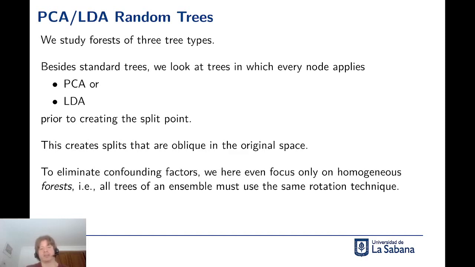One could in theory also mix trees of different rotation types, but we don't do this in this paper, basically to avoid confounding factors, but that's certainly something interesting to look at in future work.